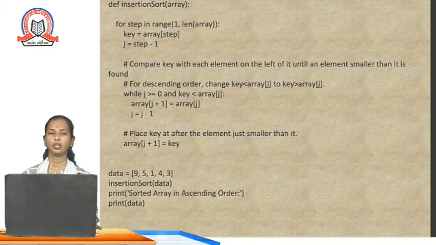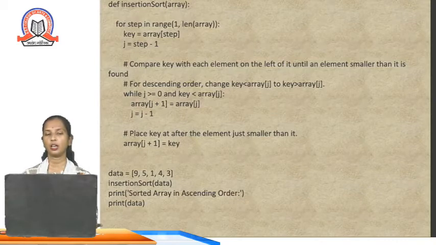Over here, again a function is used. Insertion sort is a function that accepts an array as a set of elements. The data that is passed is 9, 5, 1, 4, 3. This data is passed inside a list, and then this list is passed as an input to the function insertion sort.